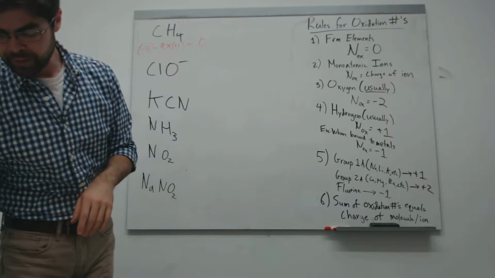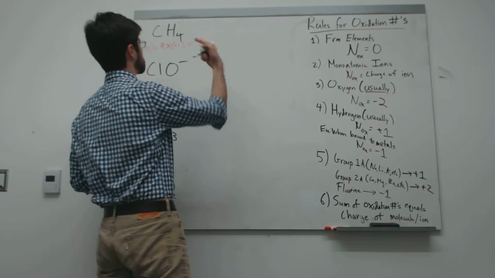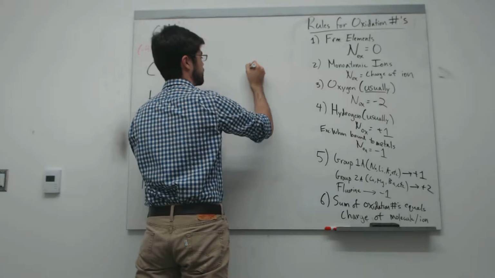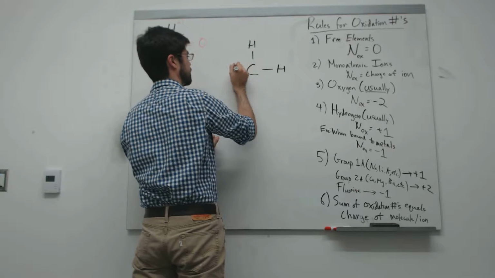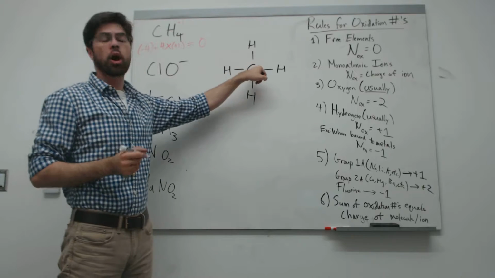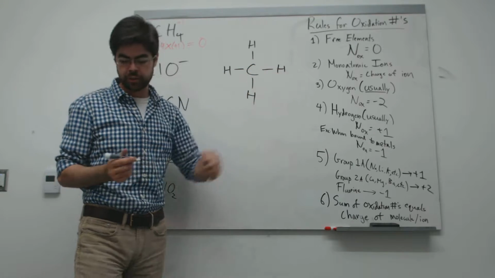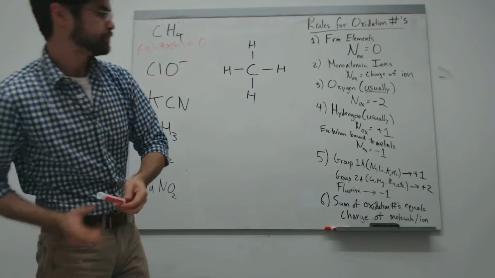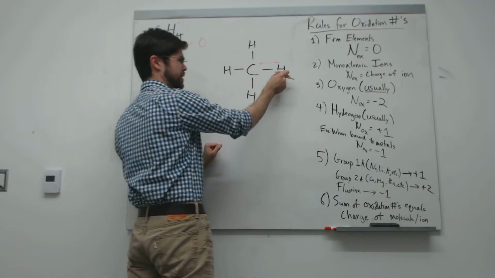And again, you might be able to predict that if you look at the Lewis structure for methane. Carbon is ever so slightly more electronegative than hydrogen, meaning it tends to pull these electrons this way.